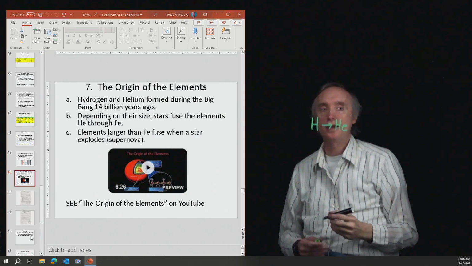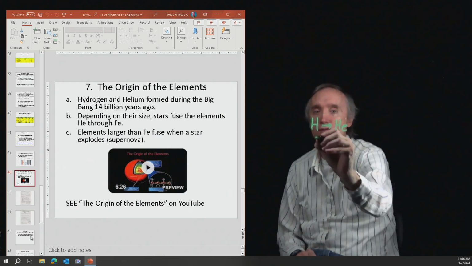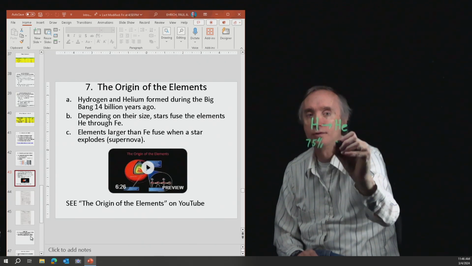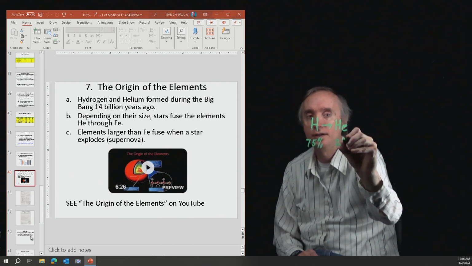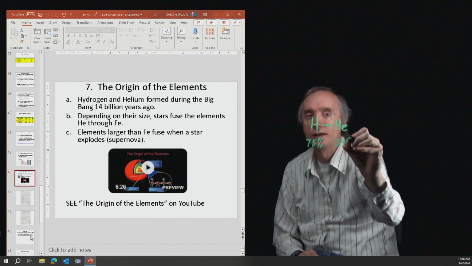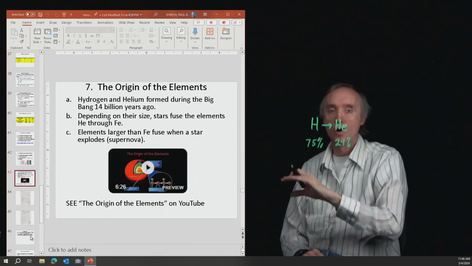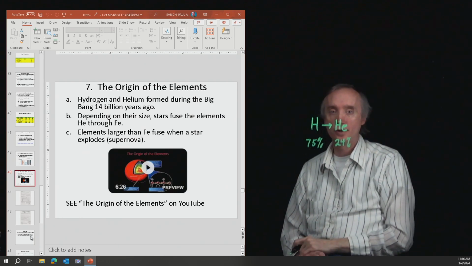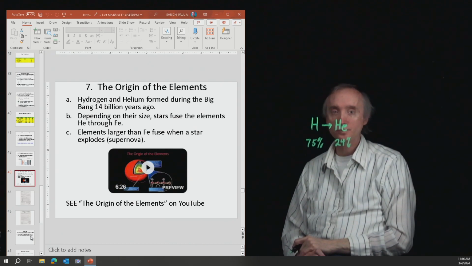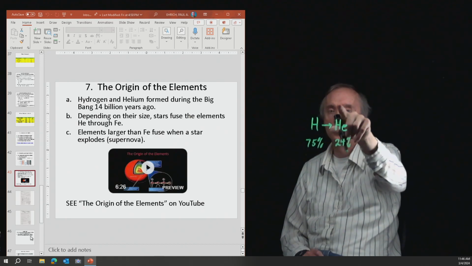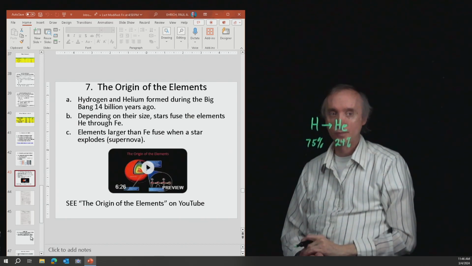So today, the universe consists of approximately 75% hydrogen and about 24% helium, with about 1% all of the other elements in the periodic table of elements. So this explains where the hydrogen and the helium came from.